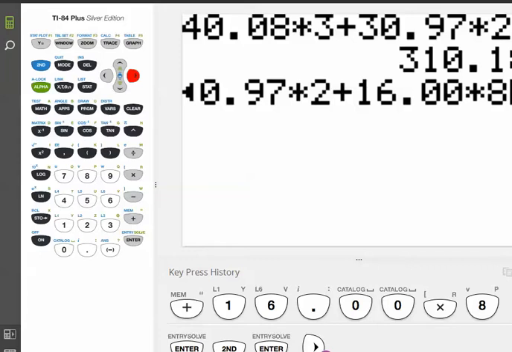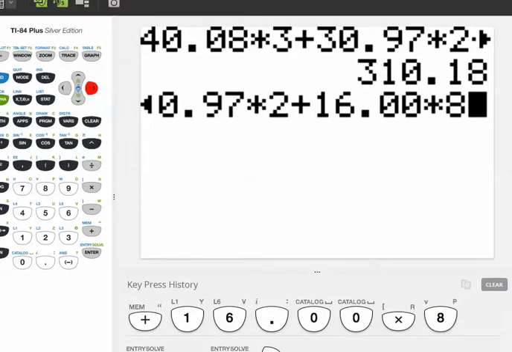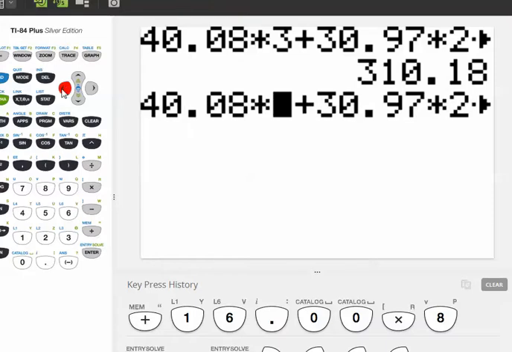You should end up, for this one, with 310.18. If you look in your calculator, I have the molar mass of oxygen times 8, the molar mass of phosphorus times 2, and then the molar mass of calcium times 3. All added together ends up with 310.18.